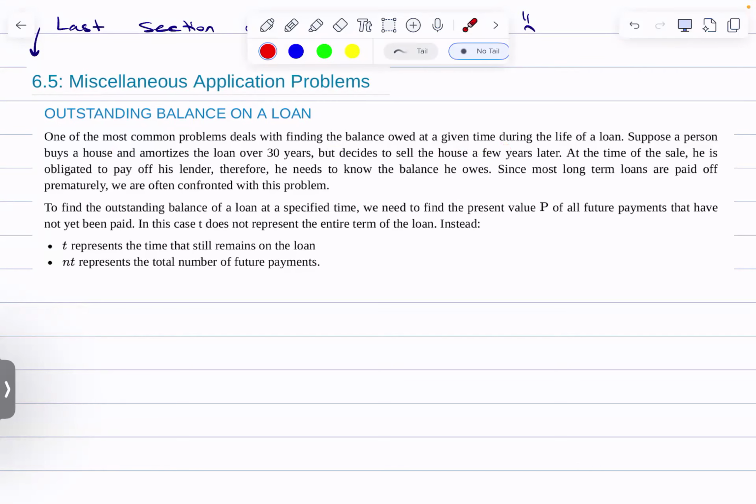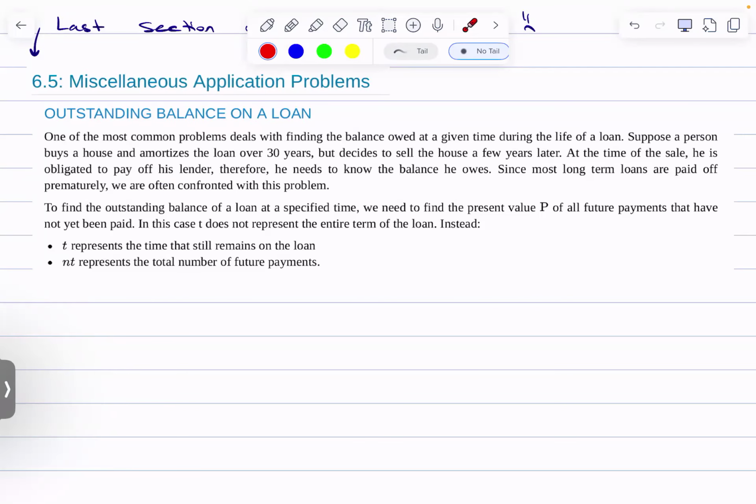If a person buys a house and amortizes the loan, meaning paying it off over 30 years, but then decides to sell the house a few years later, that happens. Then at the time of the sale, he's obligated to pay off his lender. He borrowed the full amount and committed to paying it off. So what they need to figure out is how much you owe today.